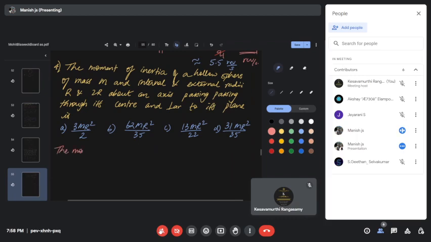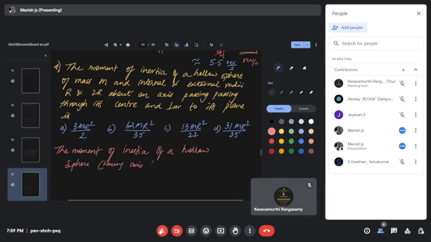The moment of inertia of a hollow sphere wherein the axis is passing through the center. When you say center, it's basically about the diameter, right? That is the meaning.